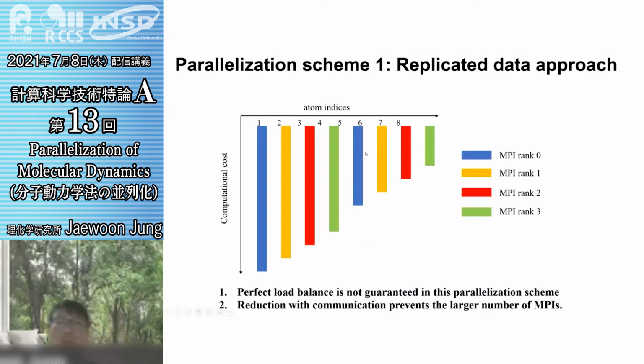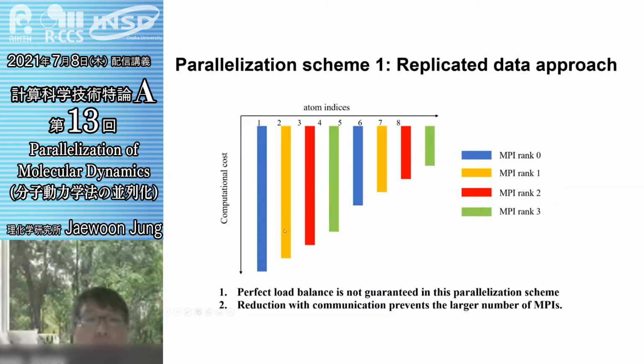In this case, the problem is that MPI rank 0 has the largest amount of computational cost, and MPI rank 3 has the least amount of computational cost. So in this parallelization scheme, perfect load balance is not well guaranteed. This is the problem of this MPI parallelization scheme.